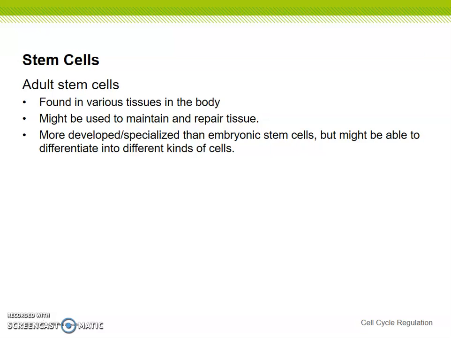That's something that scientists are working on, especially in the case of people that are paralyzed, because nerve cells, once they're damaged, are not able to repair themselves the way that other body cells can. And so scientists are working on using these stem cells to repair those damaged nerve cells, or to grow new ones that can replace the damaged ones.